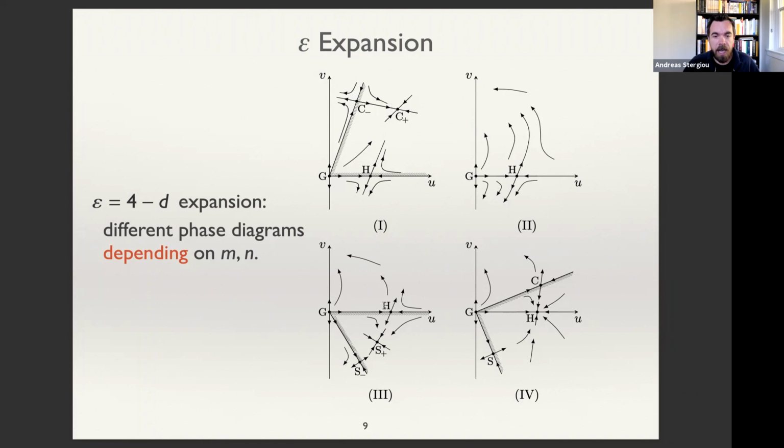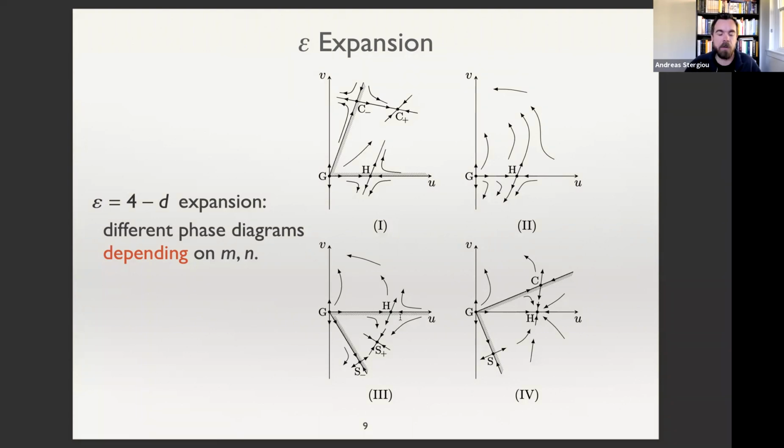Then as you keep changing M and N, here I should say we'll consider M and N to be fractional as well. We'll just consider them as continuous parameters. The fixed points that disappeared may now reappear, but they can reappear in the so-called sinusoidal region where V is less than 0. And then they can still move around, and one can stay in the sinusoidal region, and the other one can go to the chiral region, and then the Heisenberg one may be the stable one.